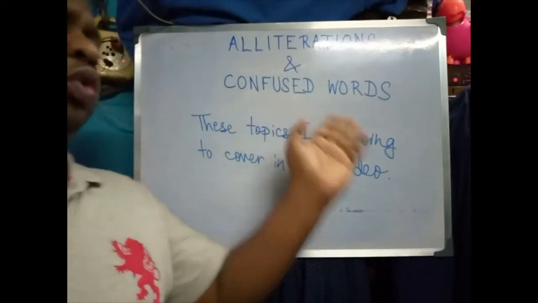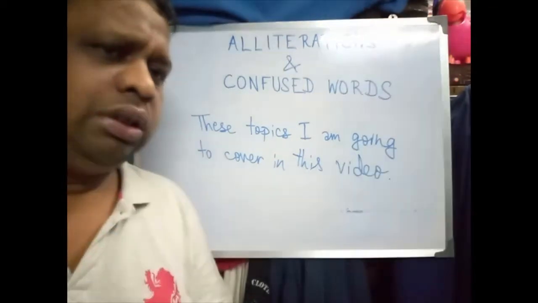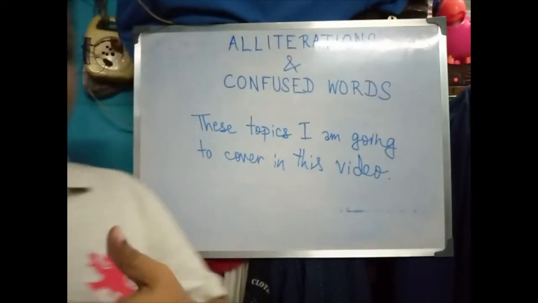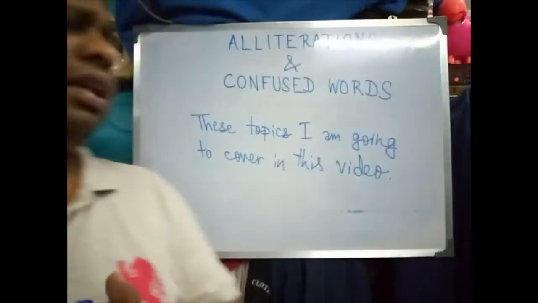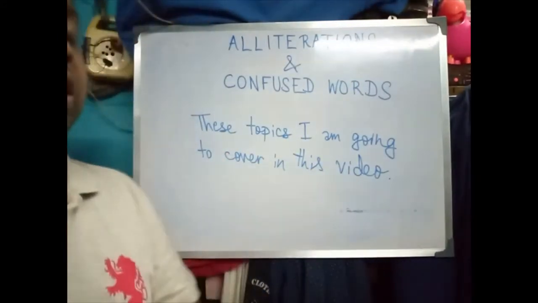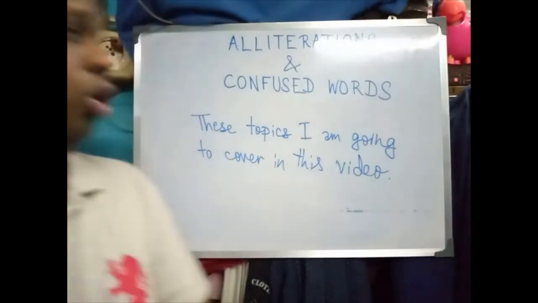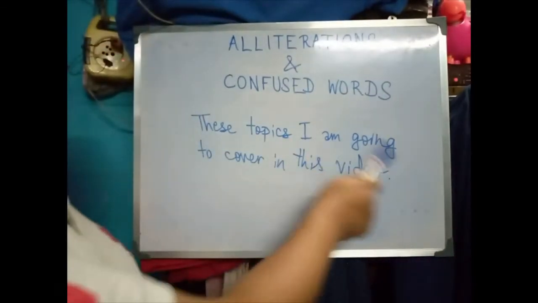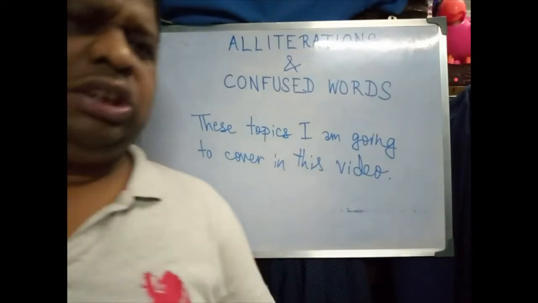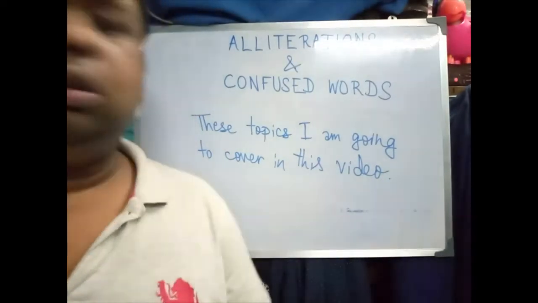And confused words are those words which look alike and sound alike phonetically, but they both have different meanings. So I am going to cover these topics in this video today. Keep on watching and pay attention.